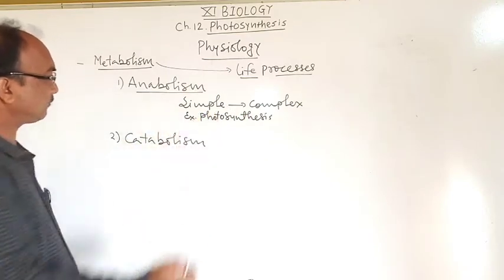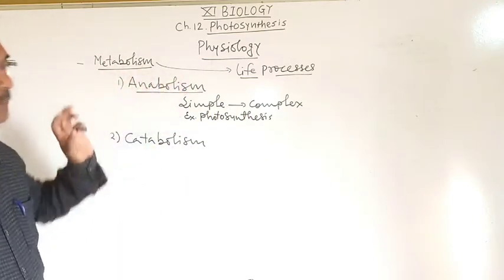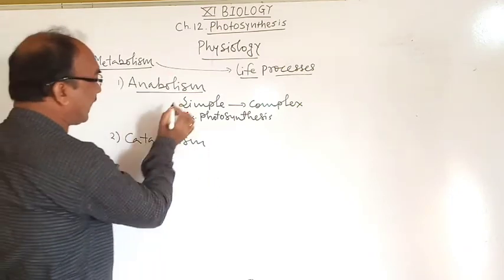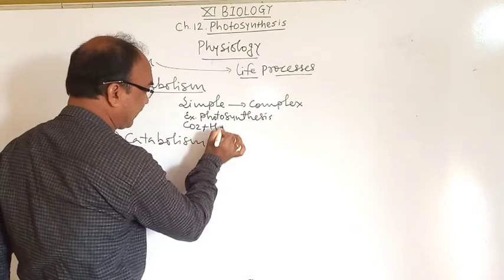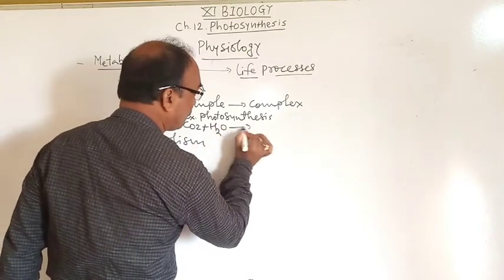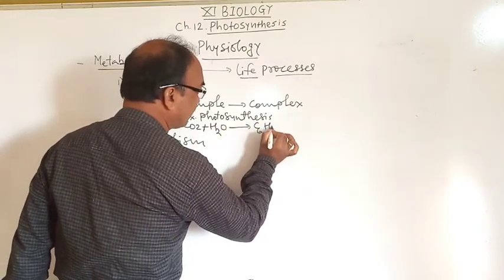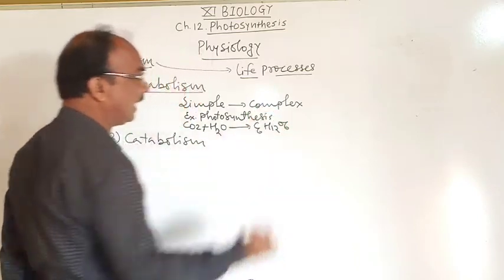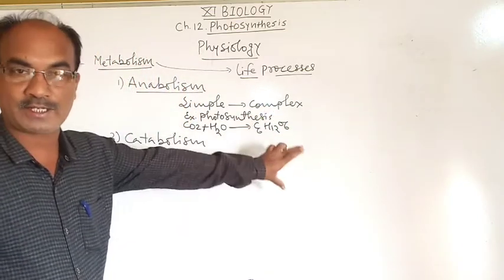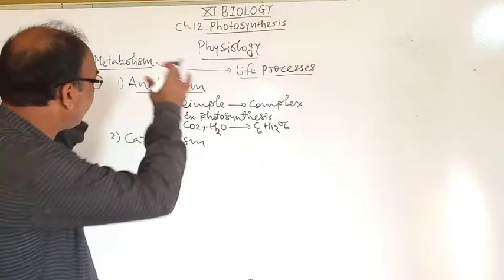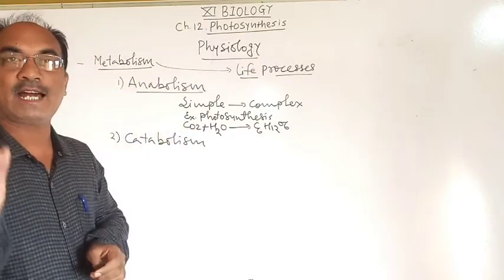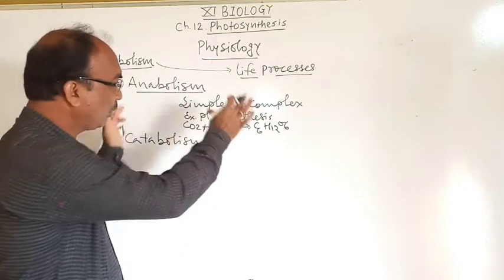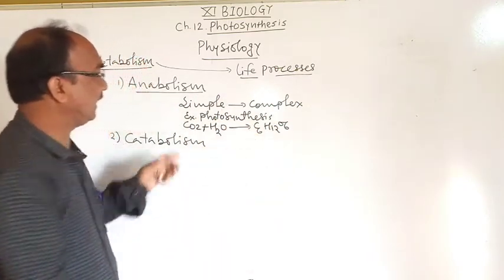इसके अंदर simple substance, सिंपल क्या है? कार्बन डाइऑक्साइड एंड वाटर, to form C6H12O6, means a complex carbohydrate. Means anabolism is where simple substances are converted into complex substances.